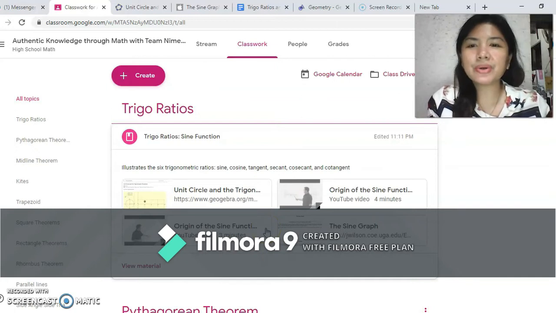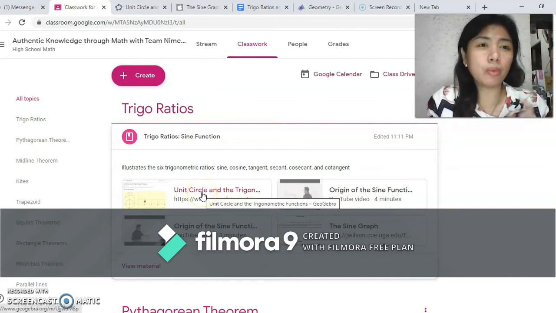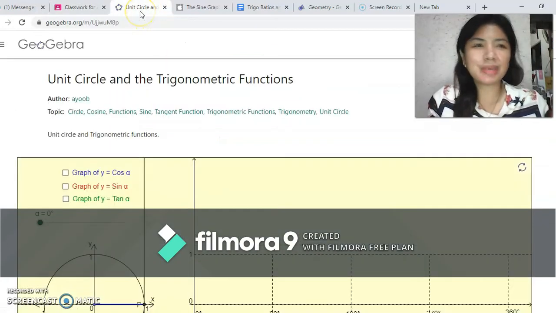So let me now open one link here. This is this one. So GeoGebra link, and it's not authored by me. It is by our very own AYOOB.